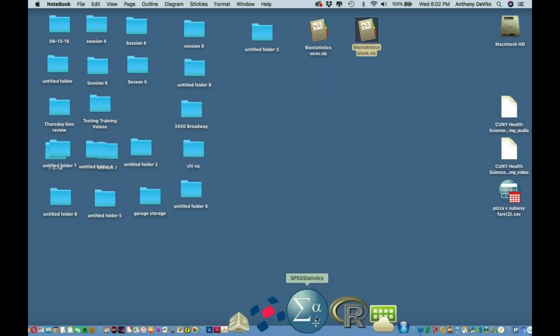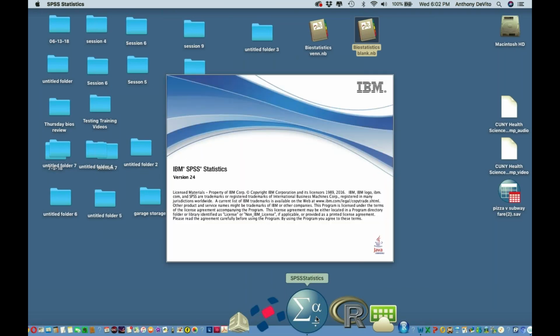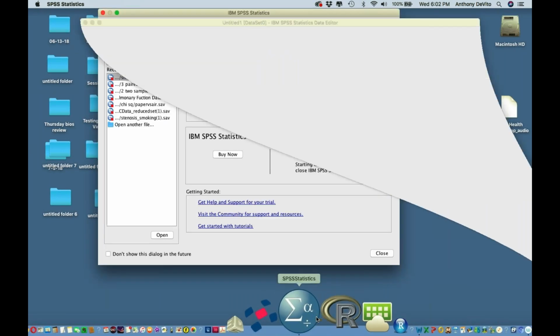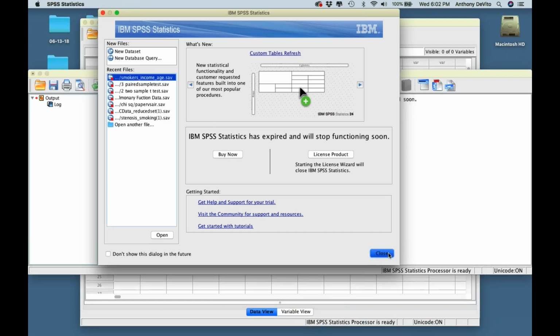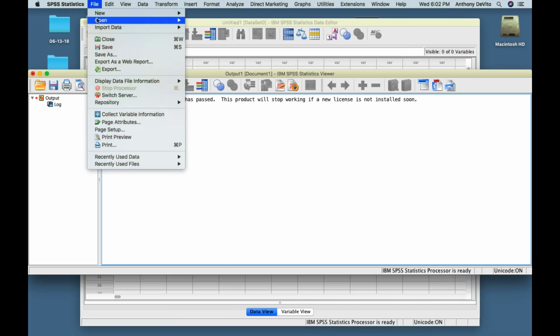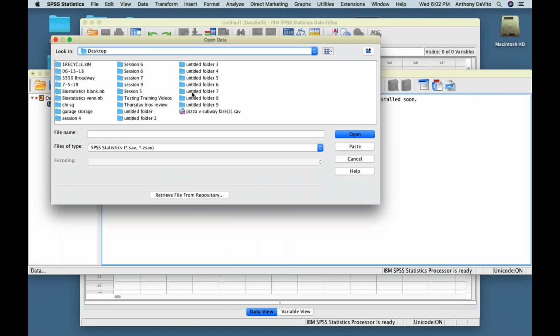Okay, I'm going to open SPSS, and I'm going to import the data that I have in that file into SPSS. And here's our pizza versus subway fare.